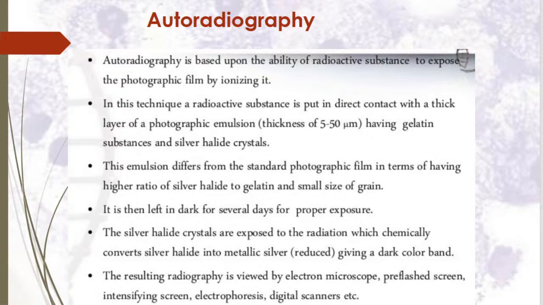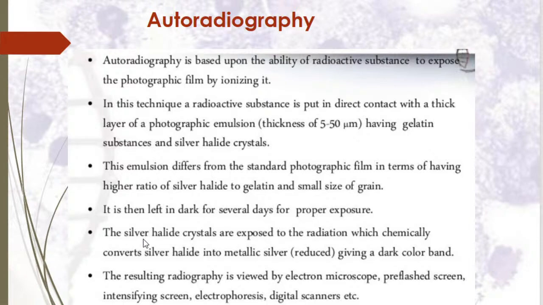In this technique, radioactive substances are put in direct contact with a thick layer of photographic emulsion and need exposure for some minutes. As a result, we get identification of silver on the surface.